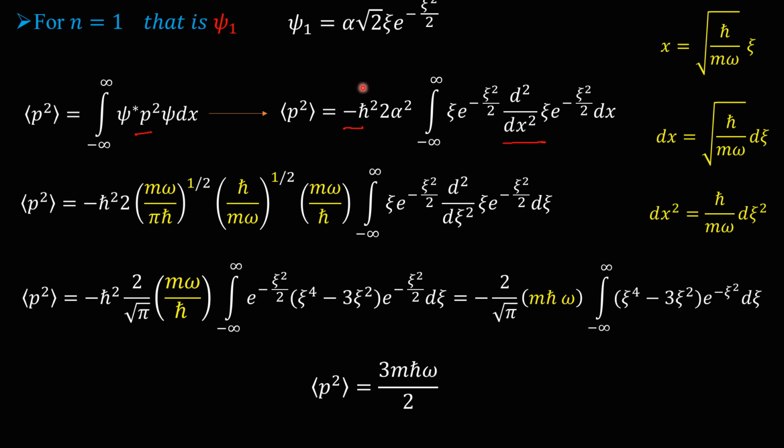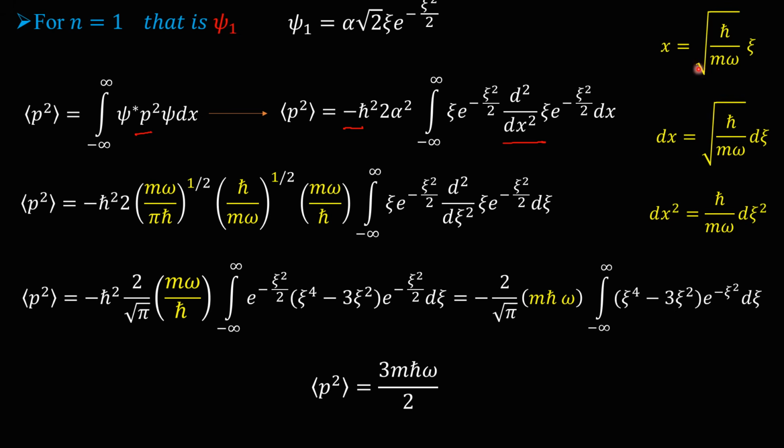You have alpha into alpha, you will get 2 alpha squared, because square root of 2 times square root of 2 will become 2 alpha squared. Then this exponential term: of course we have z e power minus z squared by 2, here also z e power minus z squared by 2 dx. Now we have to replace all x by z.